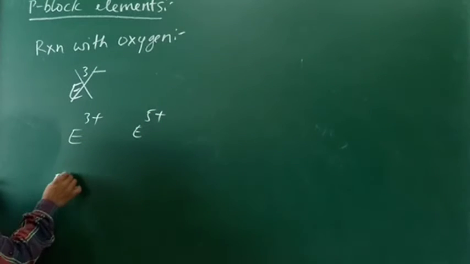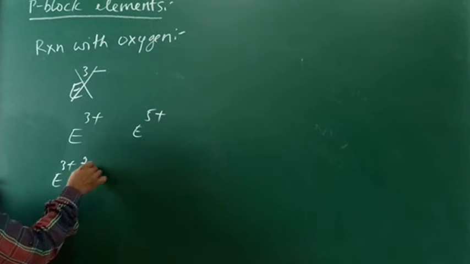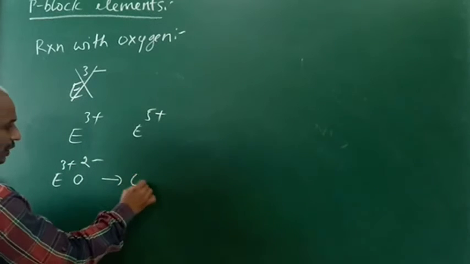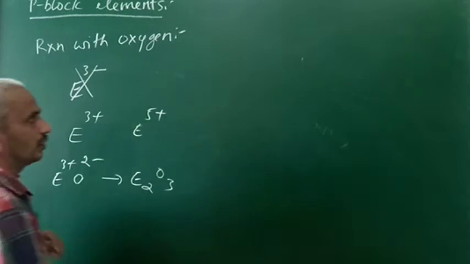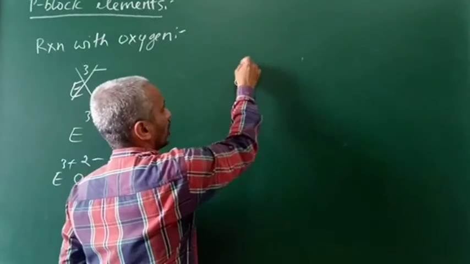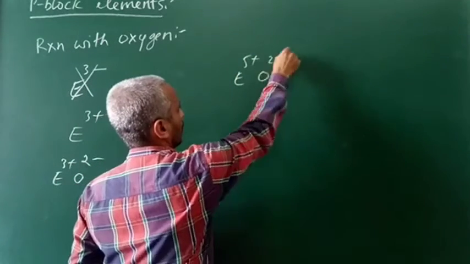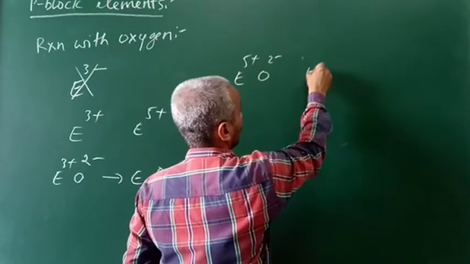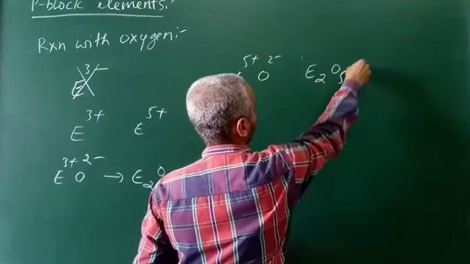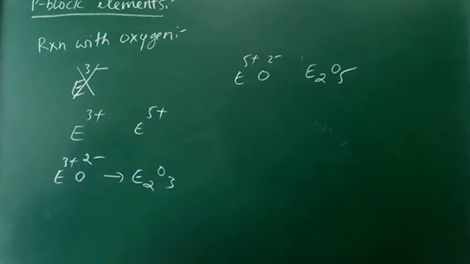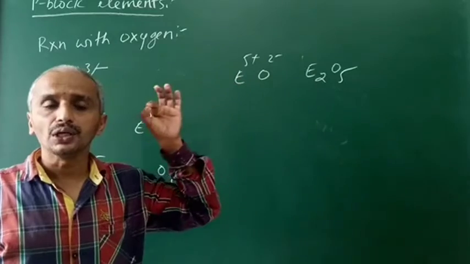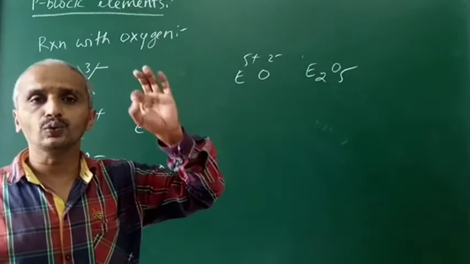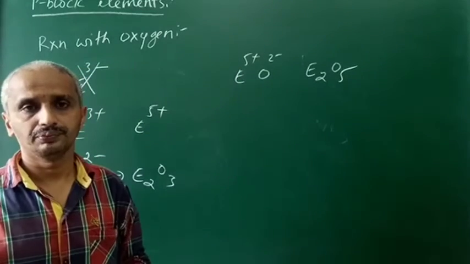So when E3 plus is there, O is 2 minus, so I get E2O3, and if it is E5 plus with O2 minus, I am going to get E2O5. Means 15 group elements form the E2O3 and E2O5 oxide series.